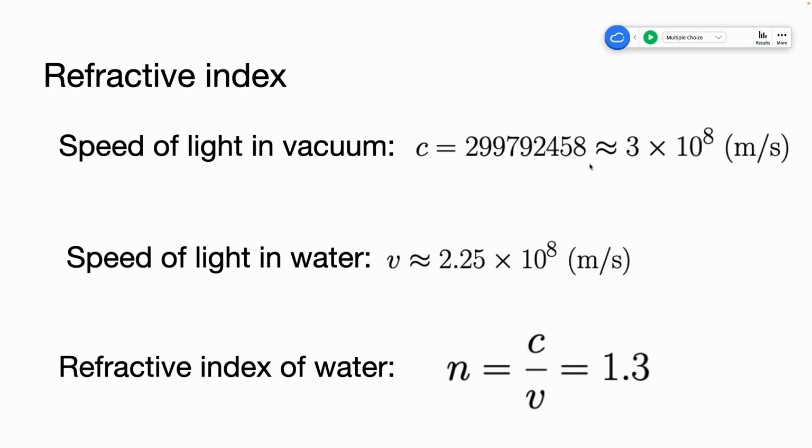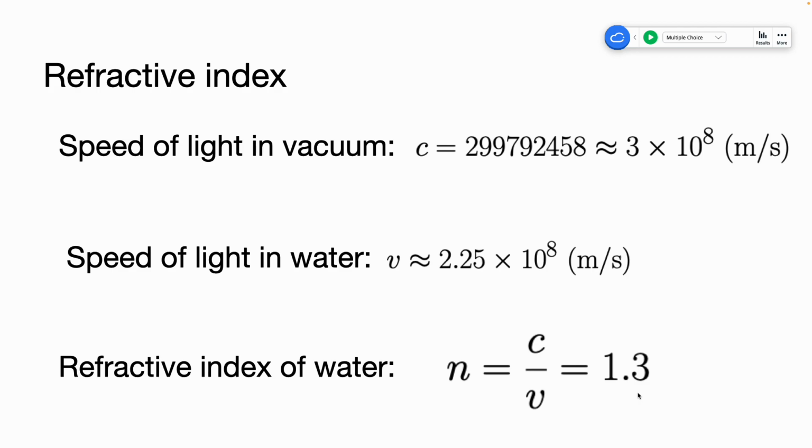The precision of this number is as much as you want. There's 0.000, as many zeros as you want. But approximately it is 3 times 10 to the power of 8 meters per second. Remember that? It's 3 times 10 to the power of 8 meters per second. But in glass, it's slower. It's just 2.25 times 10 to the power of 8. So if you divide something bigger by something smaller, you get a number bigger than 1.